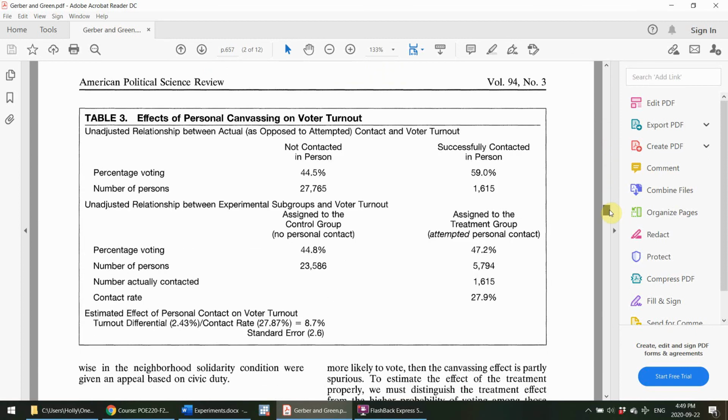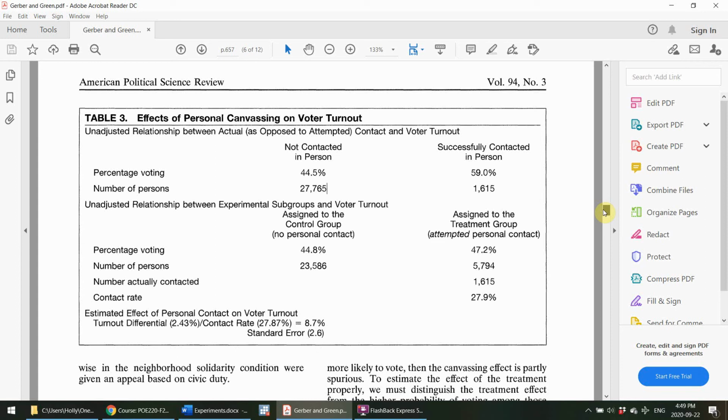Okay, so this is just whether they were contacted in person or not. So 59% voted who were contacted in person, and 44% of the people who were not contacted decided to vote.